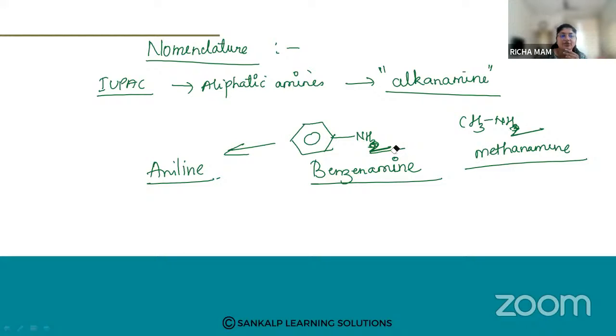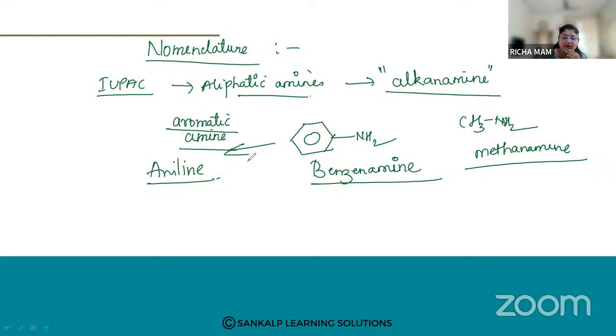Like this, you have to name the compound. Let us see another example. Whenever we are discussing an aliphatic amine, you have to give it as alkylamine. In aromatic amines, we have a benzene ring.